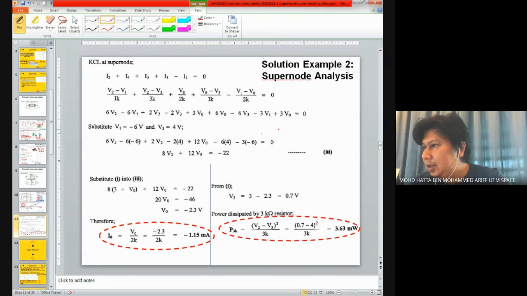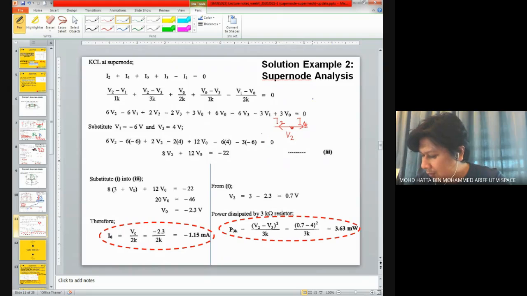Okay, at the supernode, let's say this is V2 and I have I2 over here and I have I4. The directions of current I've labeled here were already assigned at the beginning of our analysis.